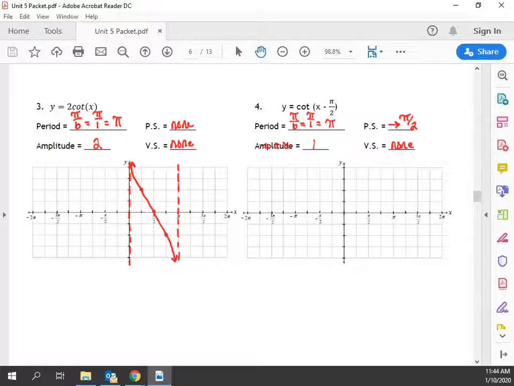Well, is there any transformation here that's going to affect that? We have a right pi over 2, which means that this asymptote that used to be here is not there anymore. Now we've moved to the right, so this is our new starting point. How far do we go over, guys, until we have our next asymptote? It's a half plus 1. 1.5. What is that as an improper fraction? Yep.